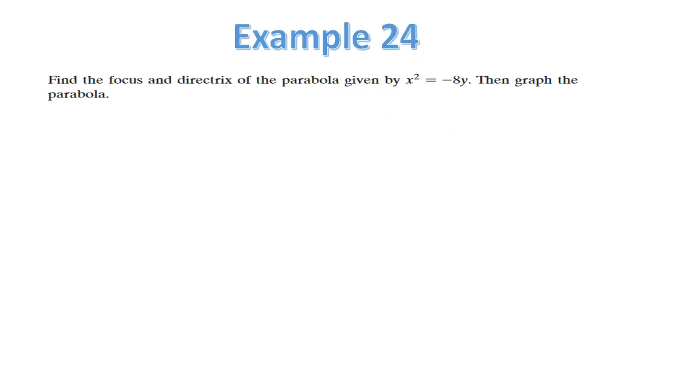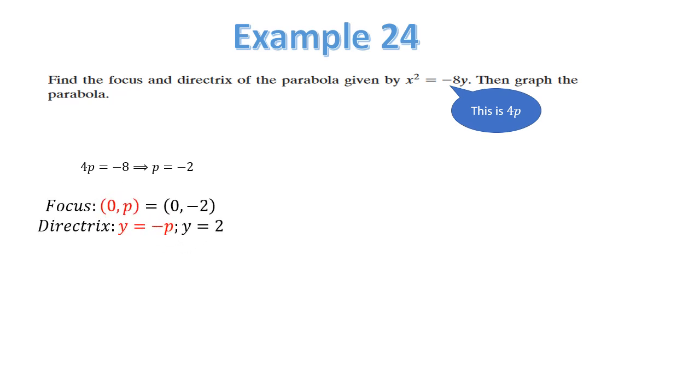Now we need to graph x squared equals negative 8y, and we need to find the focus and the directrix. Still, negative 8 is my 4p. Therefore, p equals negative 2. Therefore, the focus is at (0, -2), and the directrix is y equals 2.